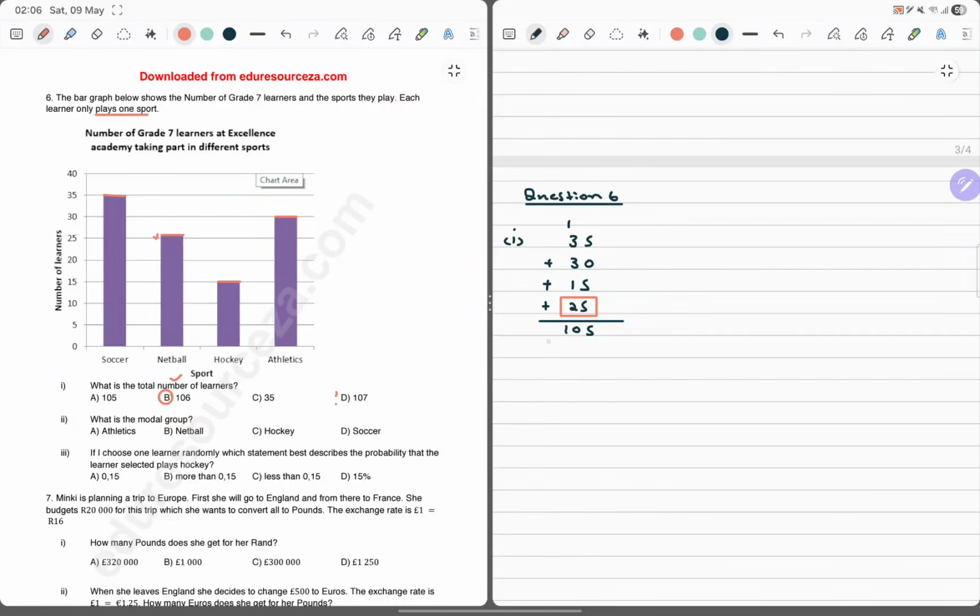So essentially, folks, we can say, therefore, here there is 106 learners. Therefore, the answer is B. But remember, this is an estimate. I could be wrong. You could be wrong.